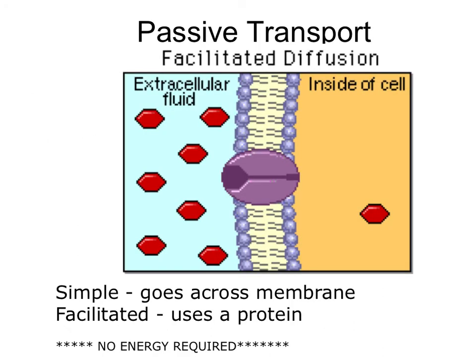This diagram shows an example of passive transport, and it's specifically facilitated diffusion, where things go from an area of high concentration to low concentration through a membrane protein. These molecules are too large to travel through the phospholipid bilayer, but they can flow through a protein to equalize the amount of solute outside and inside of the cell.